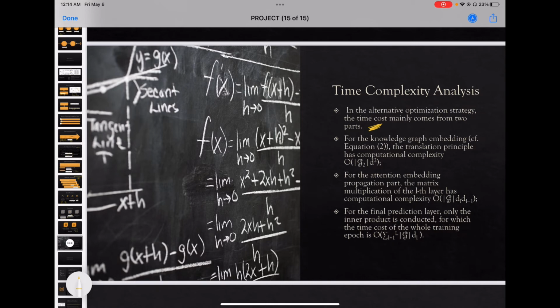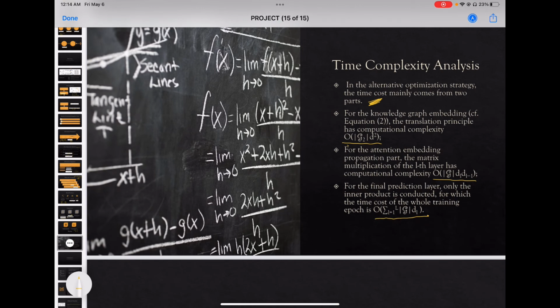So the two complexities are given as follows. For the final prediction layer, only the inner product is conducted, for which the time cost for the whole training epoch is given as follows. So the time complexity analysis for the KGAT algorithm is a sum of the first, second, and third equations.